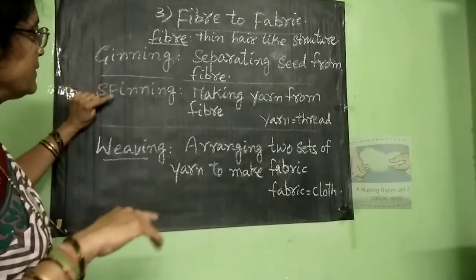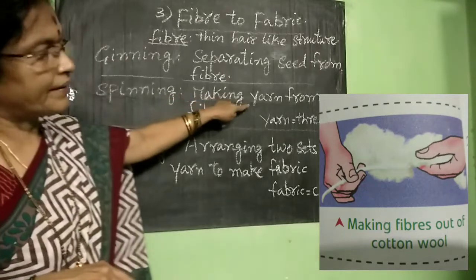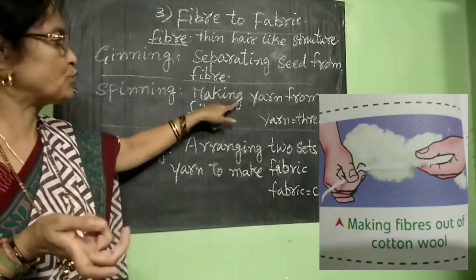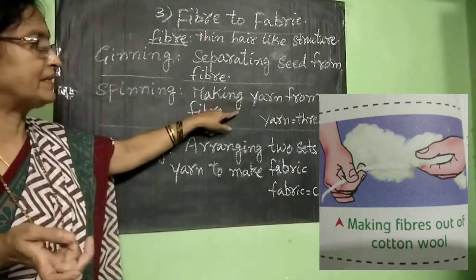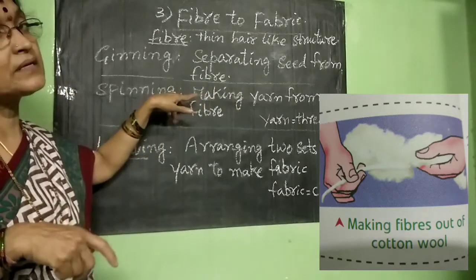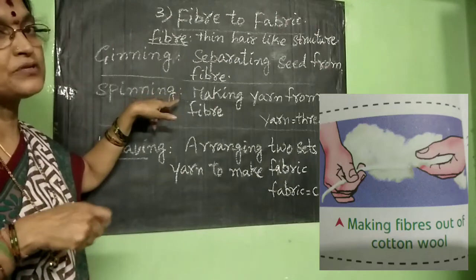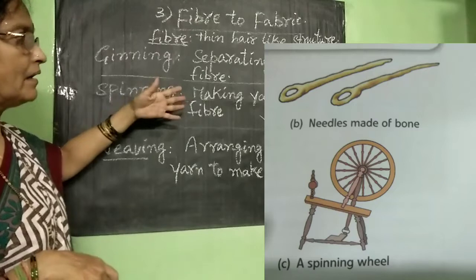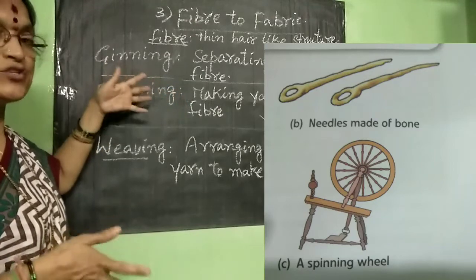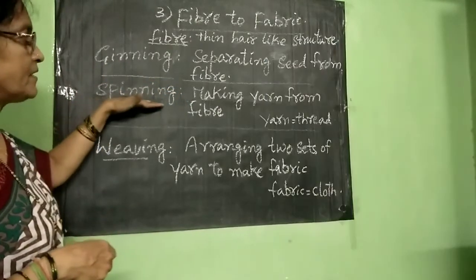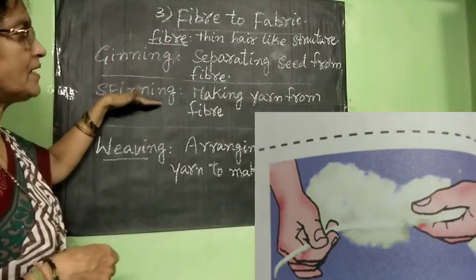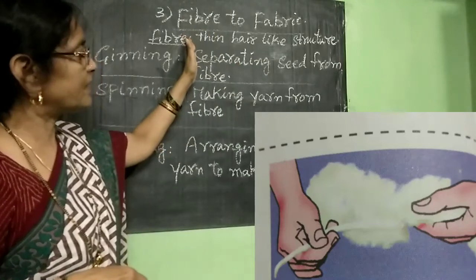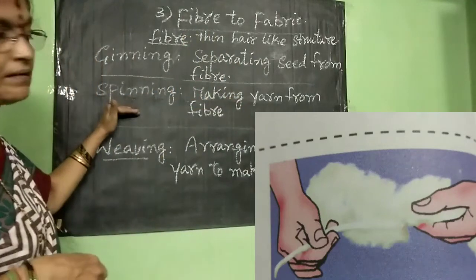Then after that, they will make yarn by hand, as shown in the video. That is one method. Other methods: Mahatma Gandhiji used the charkha, otherwise spindle, for khadi making. Nowadays new machines also came for spinning. Making thread from the fiber is called spinning.